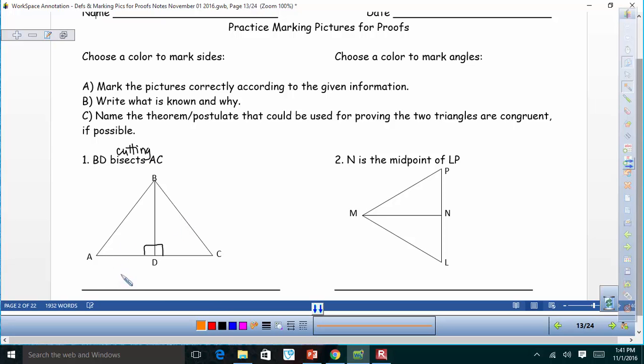So what two things are equal then? AD and DC. So that's going to be the first thing that we want to write down. We know that AD is congruent to DC by definition of bisect. So I'm writing everything that I know is congruent, okay? Now, there's also something that is implied by the picture. It's not labeled, but I can see that there is something there. Does anybody notice anything else that may be congruent in the picture that is not labeled?